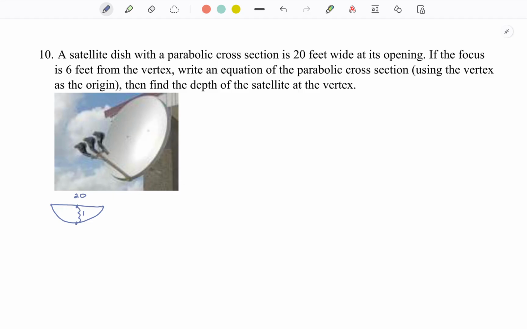So we have 6 feet. We need to write an equation of the parabolic cross section using the vertex as the origin. So this is going to be 0, 0. Then we need to find the depth of the satellite at the vertex.